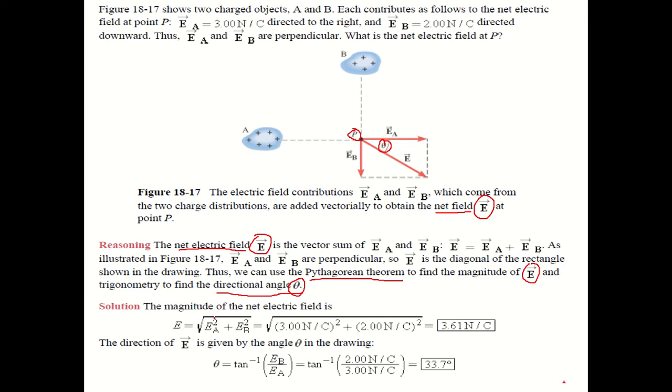To find the magnitude of E, it is just the square root of the sum of the squares of the electric field of object A and the square of the electric field of object B. Substituting, we get 3.61 Newton per coulomb. So that is the net electric field, the resultant.